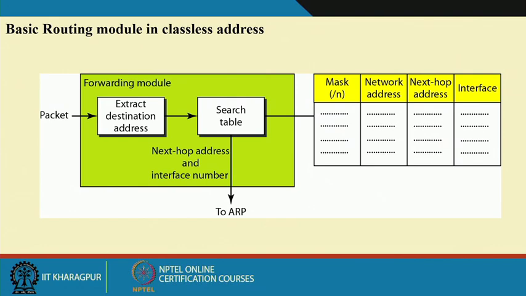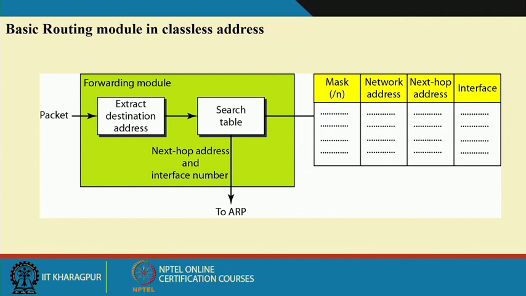So, it opens up to the network layer and extracts the destination address. It extracts the network address, searches the routing table or the forwarding table, and finds out the next hop address and the interface number. Like it has to go to that particular address and to that interface number, right.